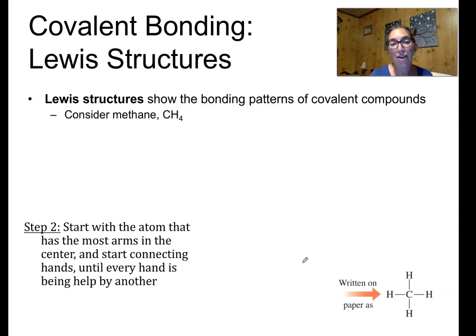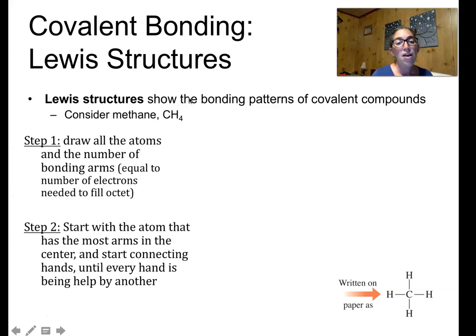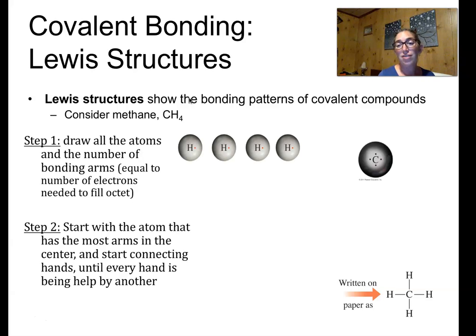So we can draw these covalent compound structures as Lewis structures, and they show the bonding patterns that covalent compounds have. Let's look at a slightly larger one, but still a small covalent compound, which is methane, CH4. The way I break it down is to draw all the atoms, so 4 hydrogens and 1 carbon, and then draw the bonding arms that they each have.